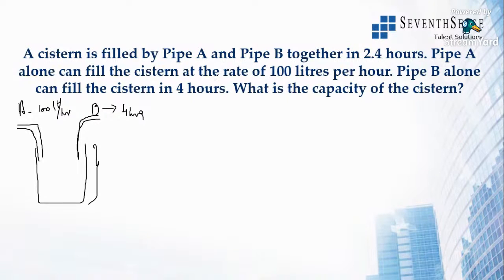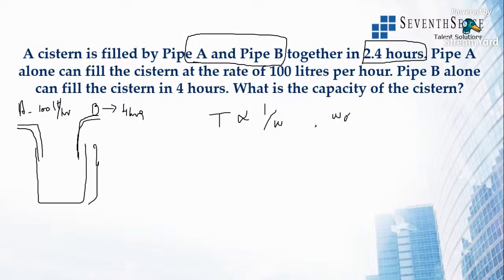Now, the amount of work both A and B have done in 2.4 hours. If you remember, time is inversely proportional to work and work is inversely proportional to time. So we need the work done by B in an hour, that is, the amount of the capacity filled every hour.